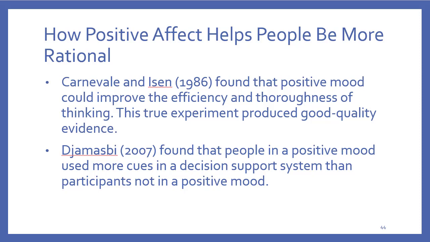What that means is that people in a positive mood reached out more for resources to be able to make decisions. Right? So that suggests that it's not about whether or not people who are depressed, for example, or who have strong emotions, could think rationally.